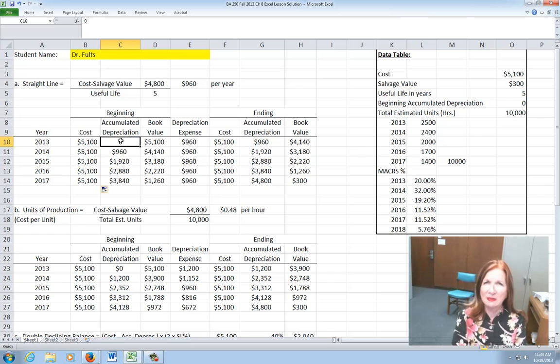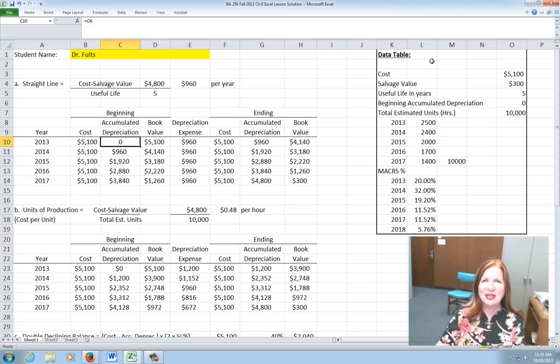Now we're going to work across row 10. So the accumulated depreciation is over here. The beginning accumulated depreciation is equal to, so we're going to click on this 0 over here in O6, sorry, and do an enter, and now that beginning accumulated depreciation is equal to this cell.